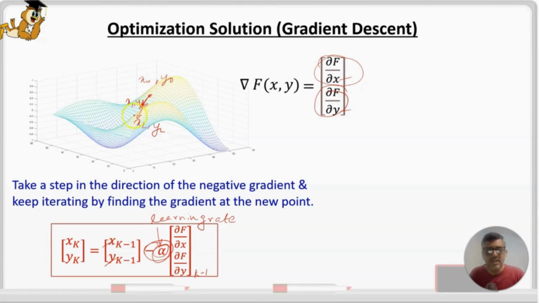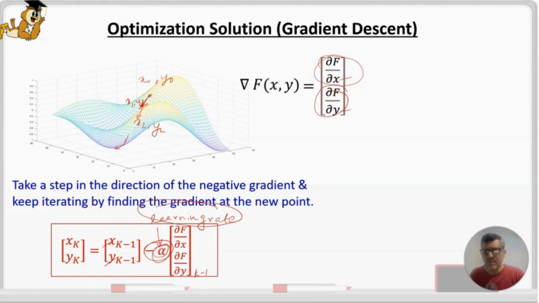And the hope is that if you keep taking these small steps, you will eventually end up at the minimal value of the function. That is the philosophy behind gradient descent. The most important takeaway is that you have a parameter that you need to control, called the learning rate, and this is really something that you need to play around with.